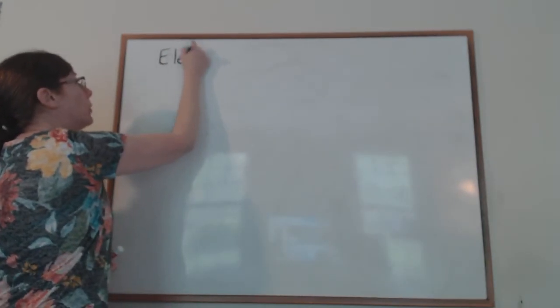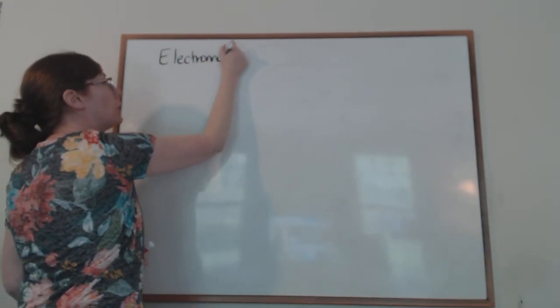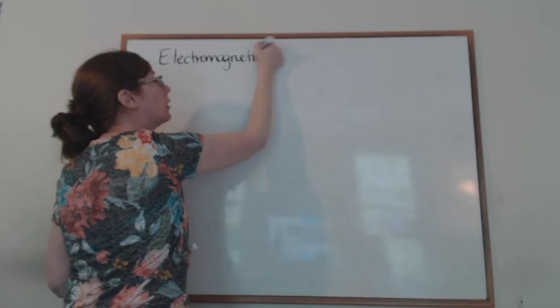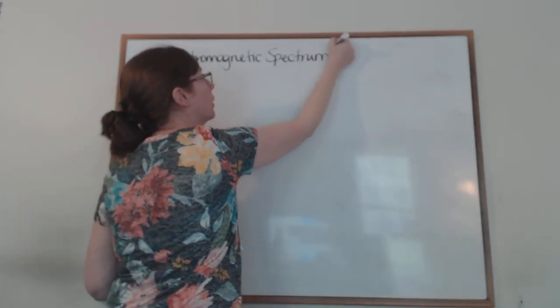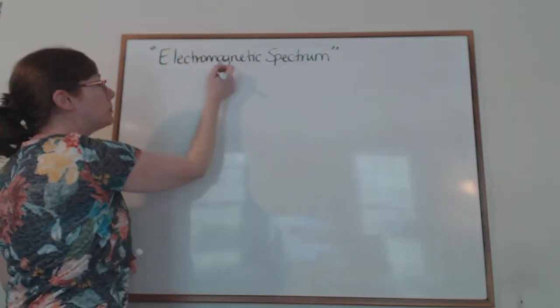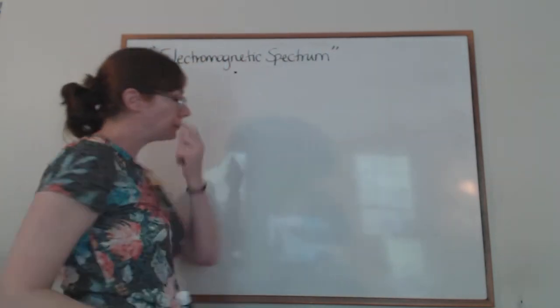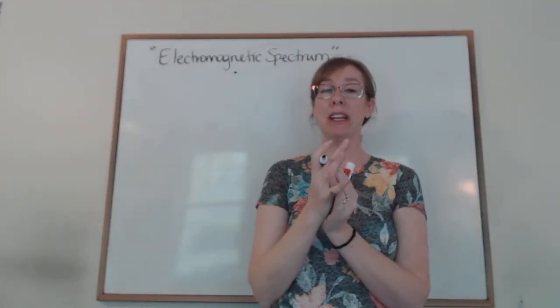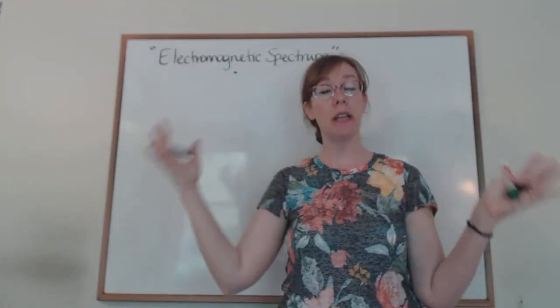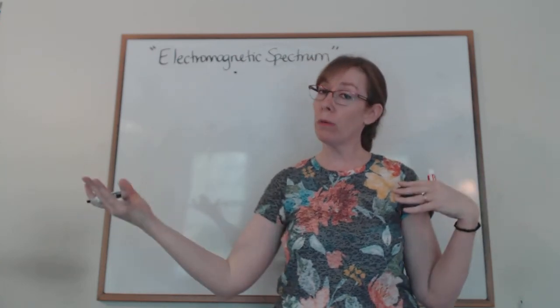So when we say the electromagnetic spectrum, what are we referring to? Okay, let me just put this in regular person language here. In the universe, there's lots of different types of electromagnetic radiation, otherwise known as light.